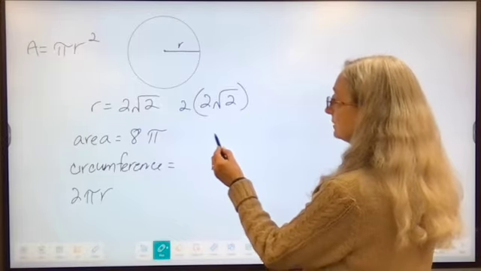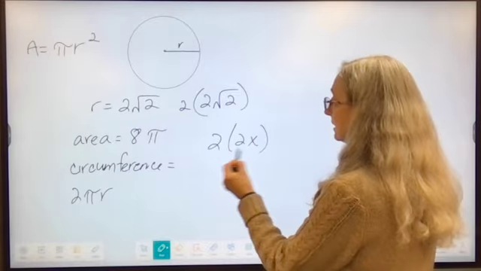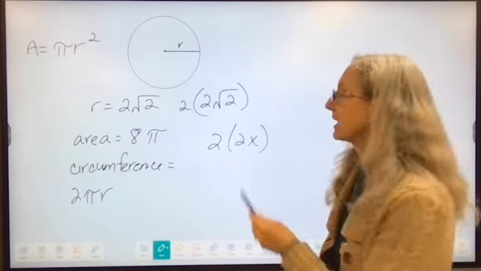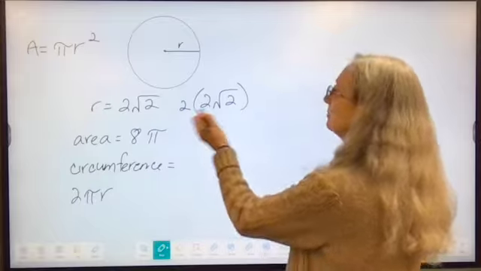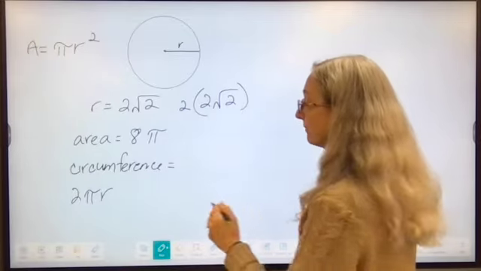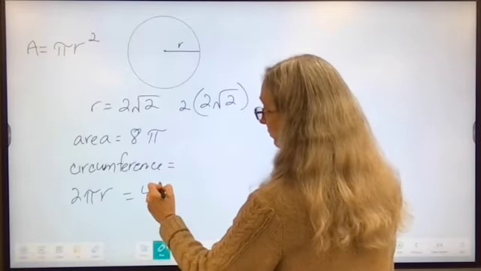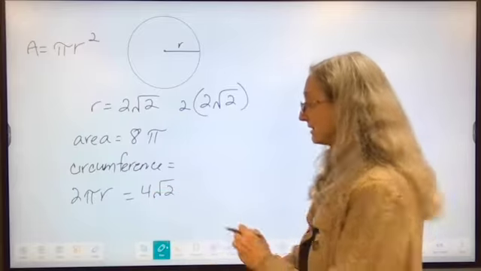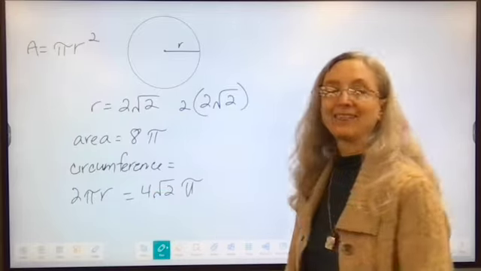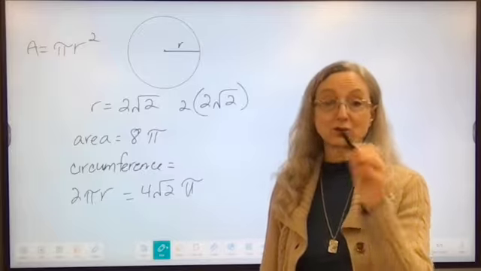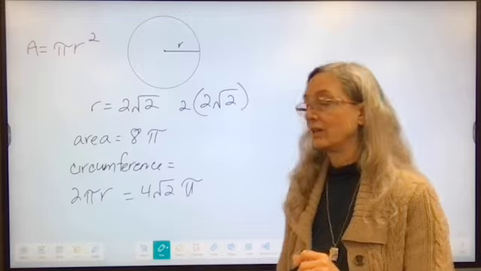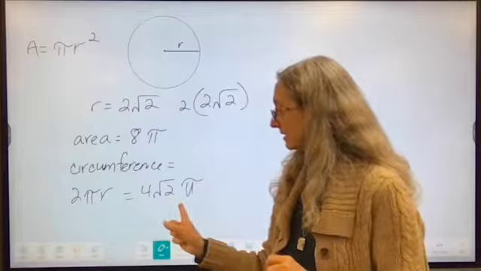If I multiplied 2 times 2x, I'd have 4x. You're multiplying 2 by 2 square root of 2, so you have 4 square root of 2. And then that times pi. And that would be the circumference of this circle. That's double the radius times pi.